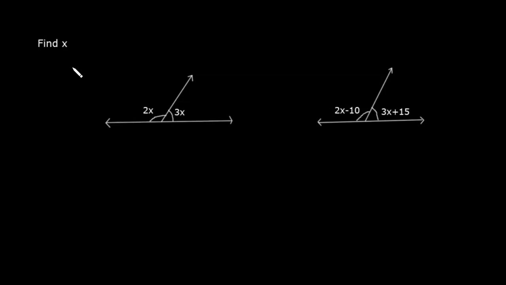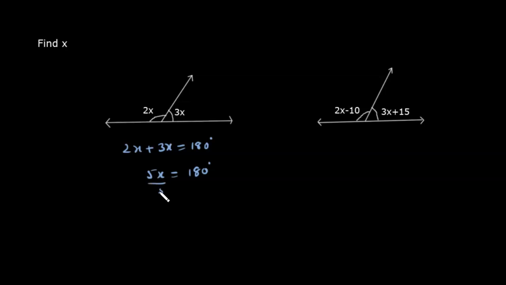We have to find x in these two cases, and we are given that this is a straight line and this ray stands on it. That means the sum of the two adjacent angles so formed is 180 degrees. So we can simply write 2x plus 3x equals 180 degrees. That means 5x is 180 degrees.